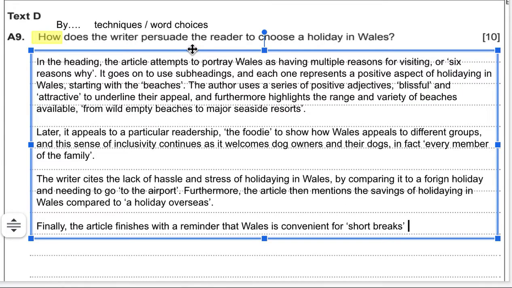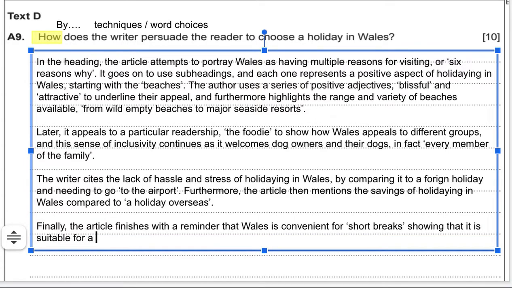And now I'm going to come full circle because at the beginning, multiple reasons for visiting. So I'm going to come full circle back to that idea that there are lots of reasons for visiting Wales. Showing that it is suitable for a range of different lengths of holiday.